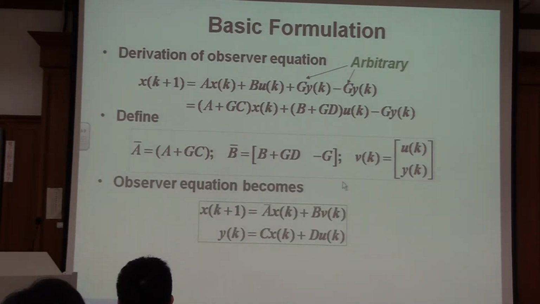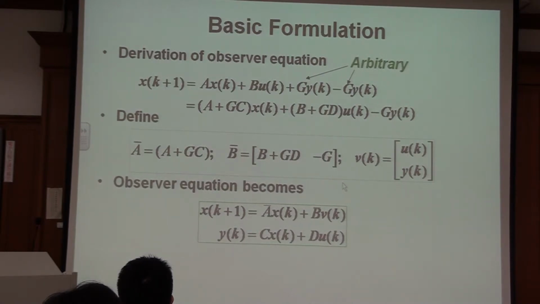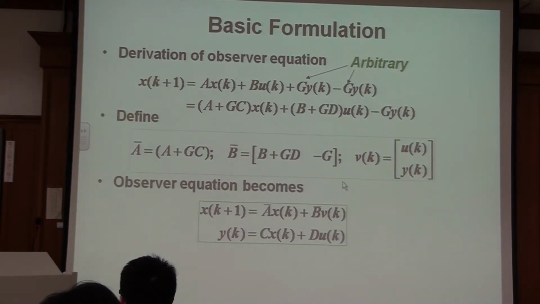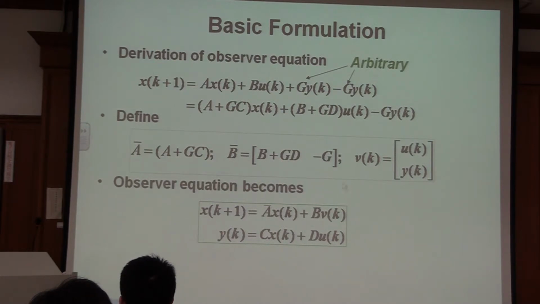This observer equation, you need it for any state feedback. We'll talk about state feedback very soon. It is for the states you don't measure. For example, if you have a measurement of only accelerations, then you don't have velocities. You don't have displacement. Now, how can I estimate my velocity?